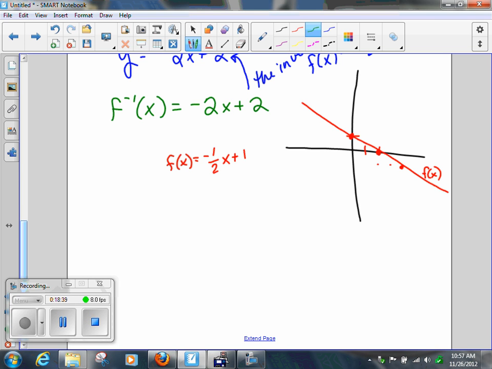Now we're going to graph the inverse. And I've got to plot the y-intercept at 2. And then what am I going to do with negative 2 as my slope? I'm going to go down 2, right 1, down 2, right 1.